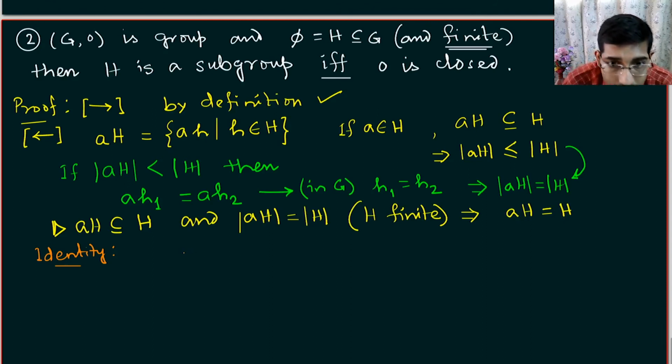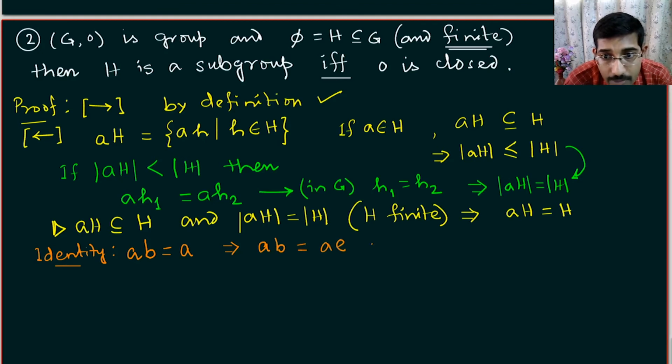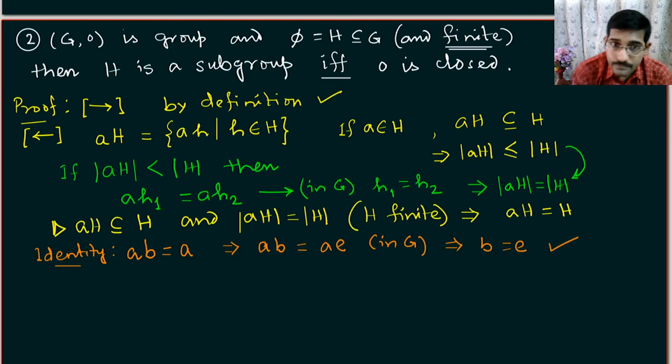So let us say that for an element A in H, I got A with some element B by operating with B. Now A, B, all are elements in G as well. So in G, when I operate AB, it also becomes AE, because these are all part of G, which means B is my identity element and identity exists.